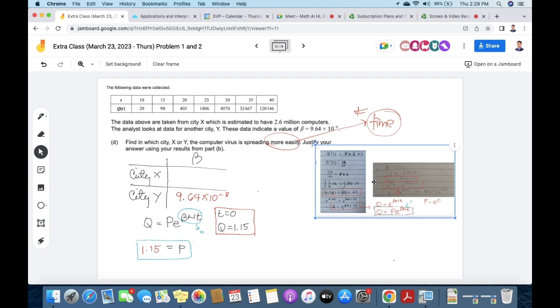So from here, using the data from CTX, we can now say Q is equal to 1.15 e to the power of beta, n, times t. So this is now the equation that we've had. Question, clarification? No question so far?